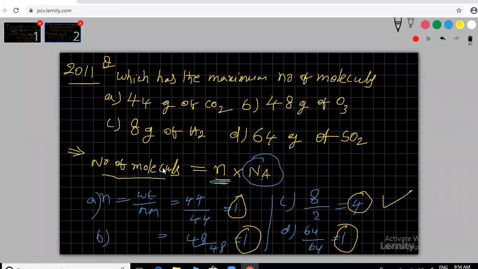Any doubt? Yes, correct. Option C is correct. Very good. Most of the people got correct answers. If anyone did not, for them I have given the solution here. This is a 2011 NEET question.